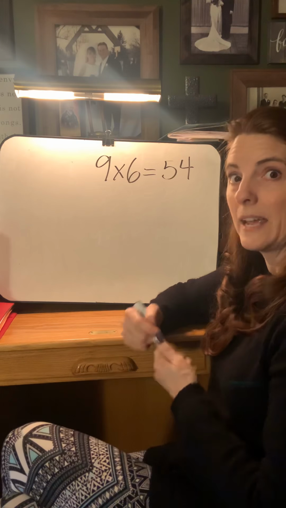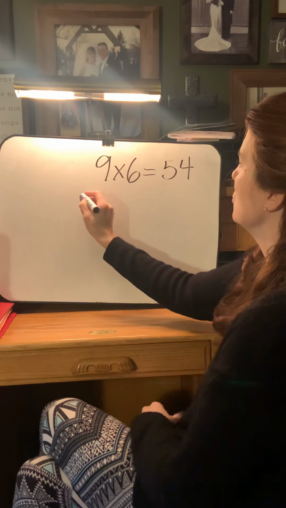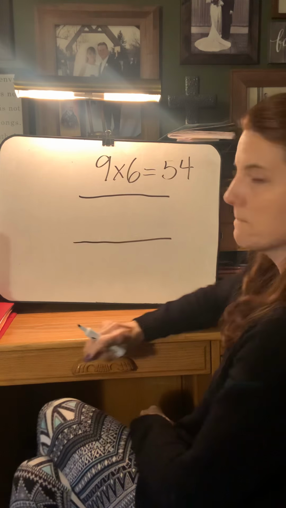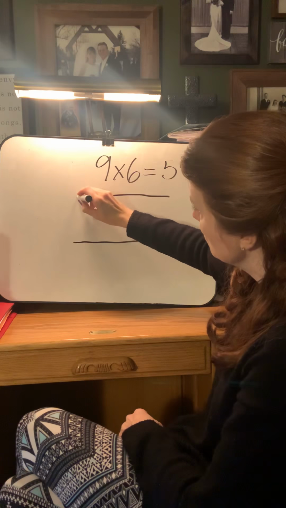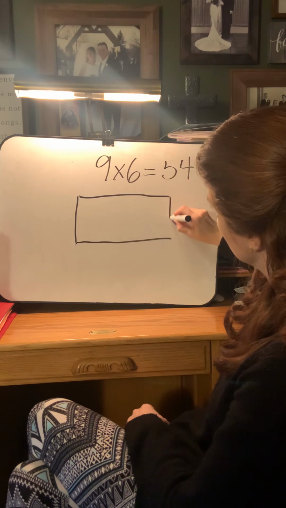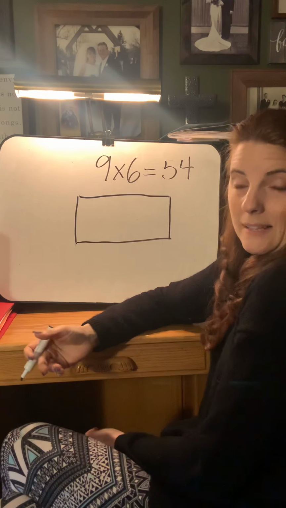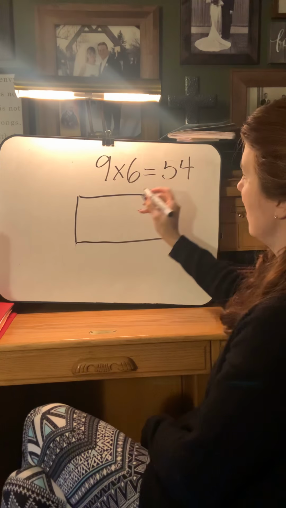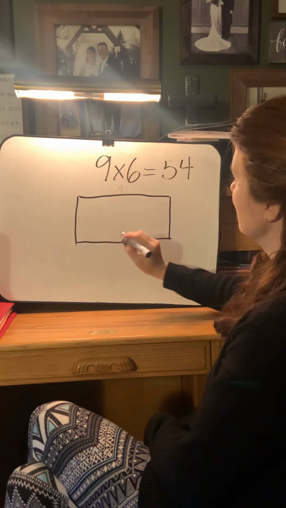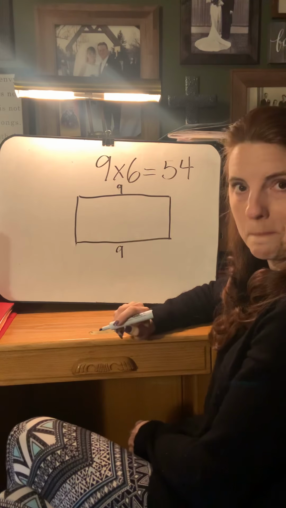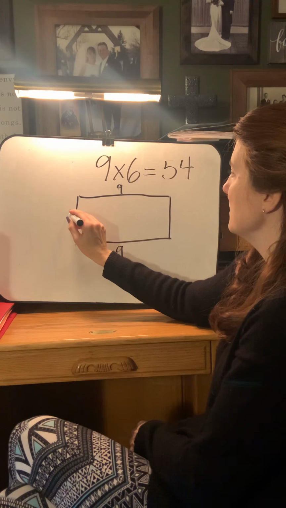Well, I said rectangle, so I know that I'm going to have 2 long sides and 2 short sides, and that works with this, doesn't it? So my long sides will be 9, and my short sides will be 6.